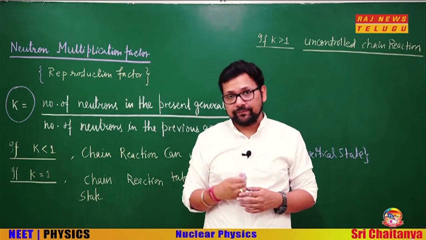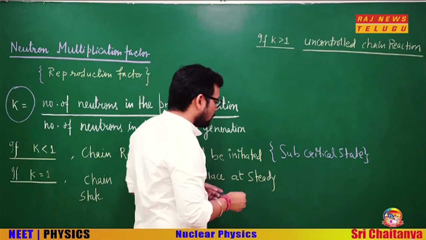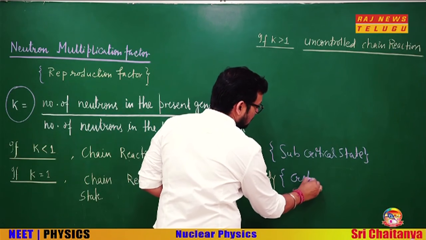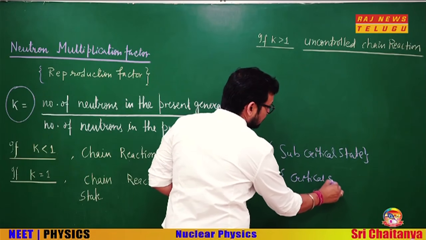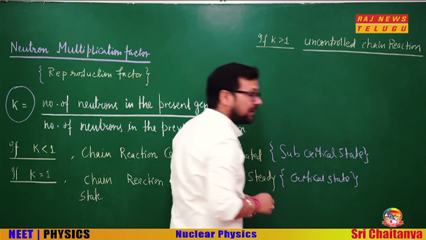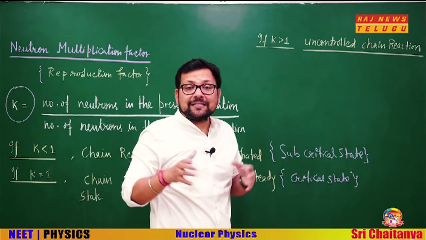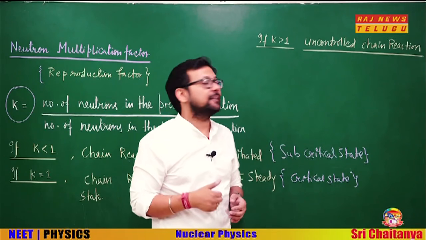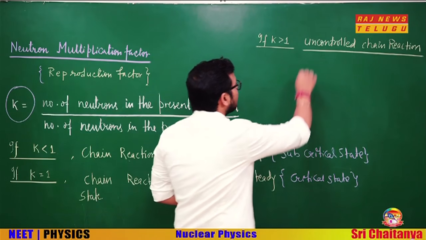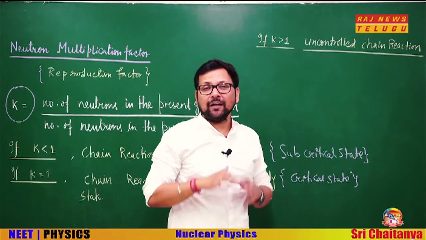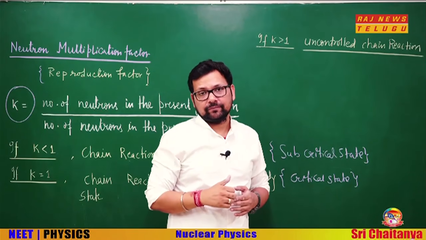That's a fraction. When K is equal to 1, this is called the critical state. For example, I told you, a nuclear reactor. So what state is there in a nuclear reactor? Critical state. K is equal to 1. When K is greater than 1, this is called an uncontrolled chain reaction.